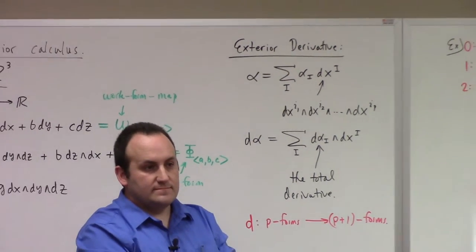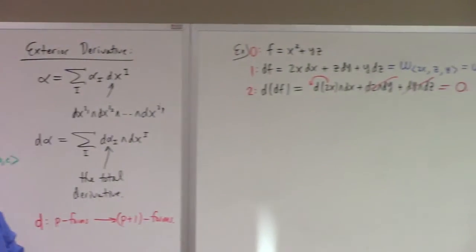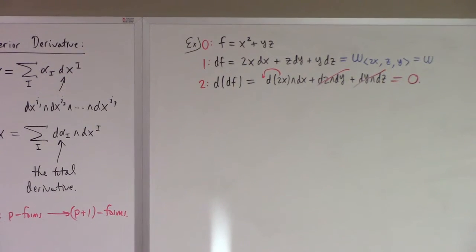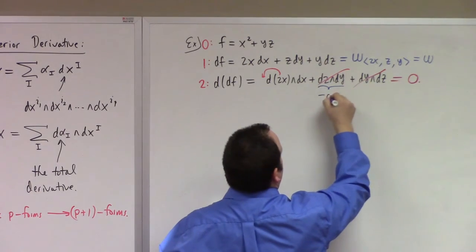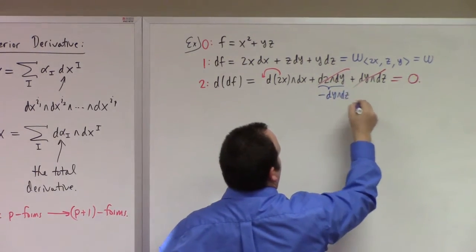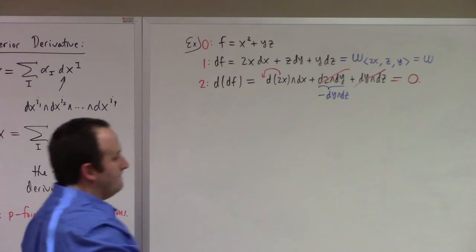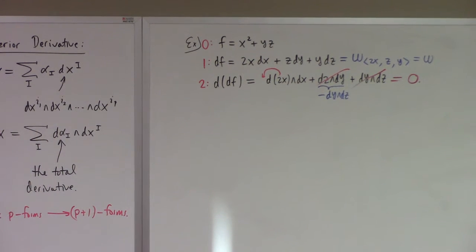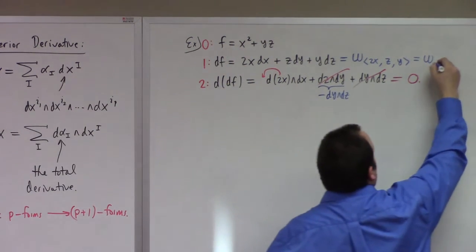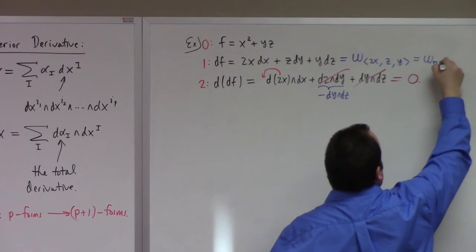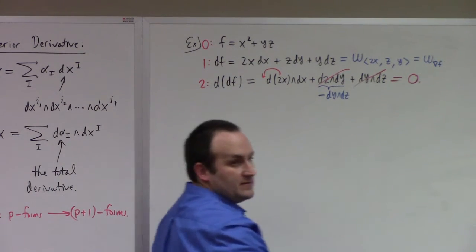Well, they're not 0, but they cancel because this is minus dy wedge dz. And dx wedge dx is itself 0. It's the gradient of that. I have a vote for the gradient. Do you guys agree? I agree. Yes, that's the gradient of f.